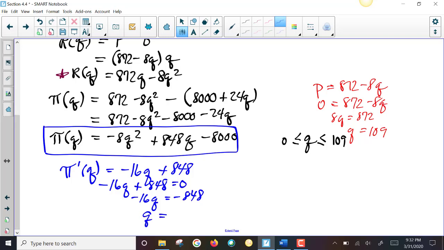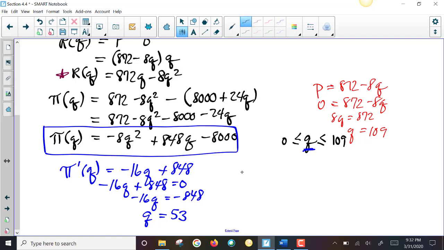So Q is equal to 53. Okay, so that's my critical point. So technically we need to check our profit at the endpoints and the critical point inside that interval, because 53 is between 0 and 109.